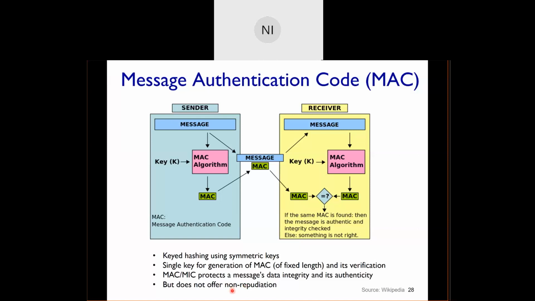But if you look at the problem of non-repudiation, Alice herself is saying that she has not sent the message, even though she has sent it. So the problem is not about how to share the key. We can use public key cryptography, or the Diffie-Hellman key exchange algorithm, to secretly share the key between Alice and Bob. But here the question is, Alice is denying that she has sent the message to Bob, or Bob is claiming he has received a message which Alice says she never sent in the first place.